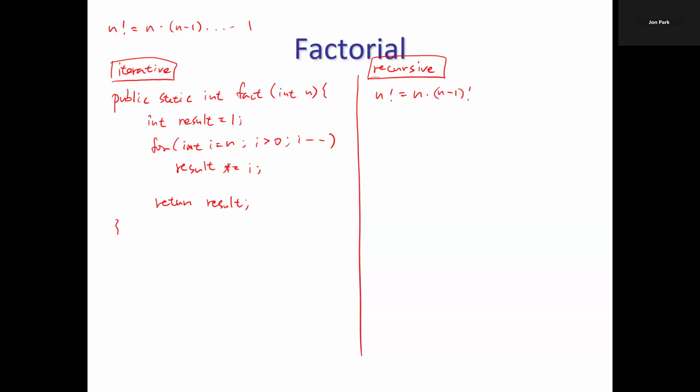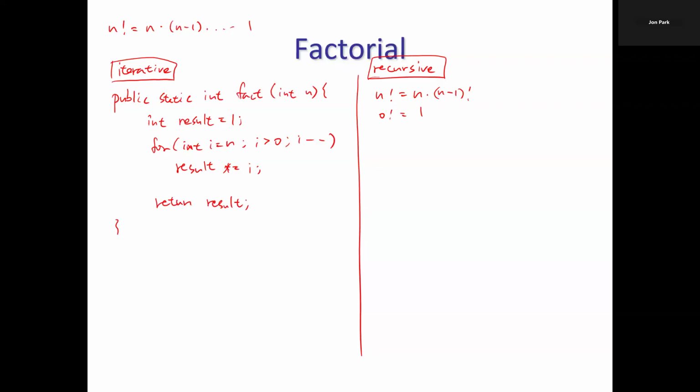That's a recursive definition. But I still have to say, where does it end? Then I'll say, well, 0 factorial is 1.